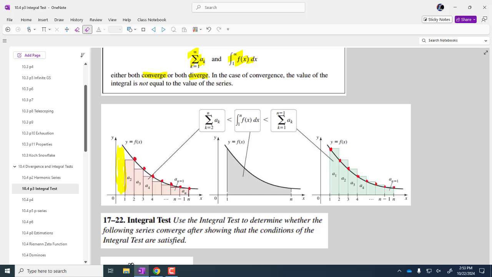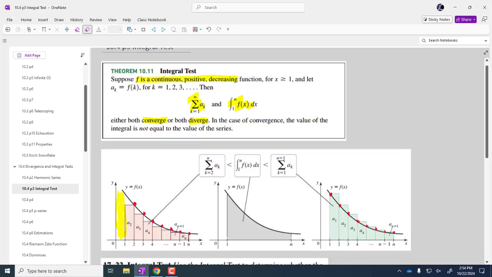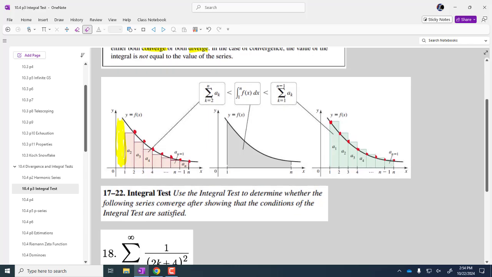So for an increasing function, if you just flip those around, if a function is increasing, the series is diverging. We always are going to have this assumption: continuous, positive, and decreasing. That's our baseline, that we're always dealing with the ski slope. So any function that's increasing, like arctan, that builds sequence values will have a series that diverges.